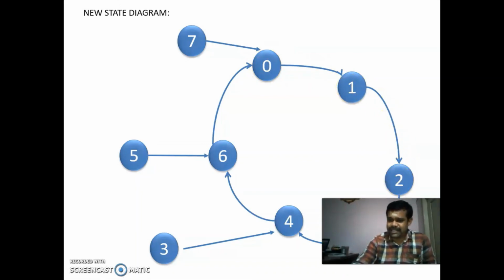If 2 is a present state, it will be going to 4. If by some means it is going to 3, we have to push it to 4. Similarly, if 4 is a present state, we have to go to 6. If by some means it is going to 5, we have to push it to 6. If 6 is a present state, it will go to 0. If by some means it is going to 7, we have to push it to 0. So this is nothing but a self-starting counter.